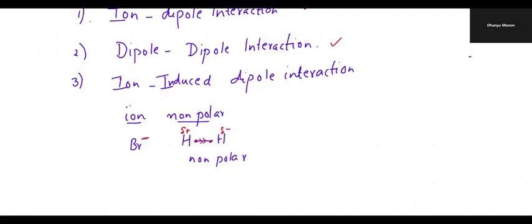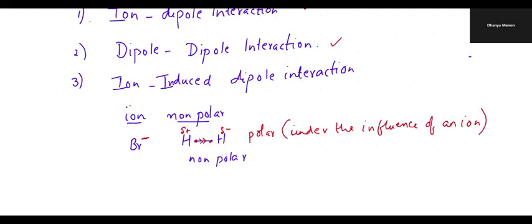So now how is the hydrogen? Has it become temporarily polar? It has become temporarily polar under the influence of an ion. So this ion has induced polarity.